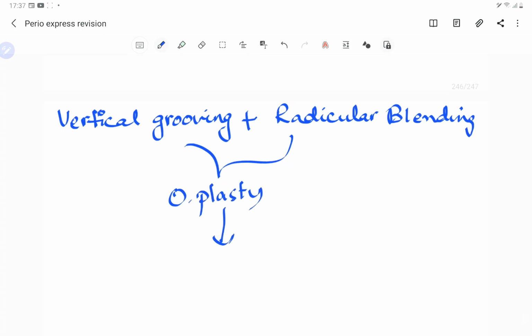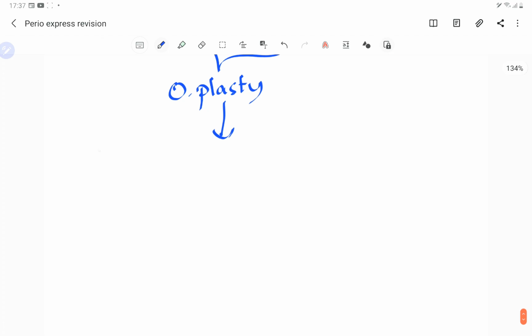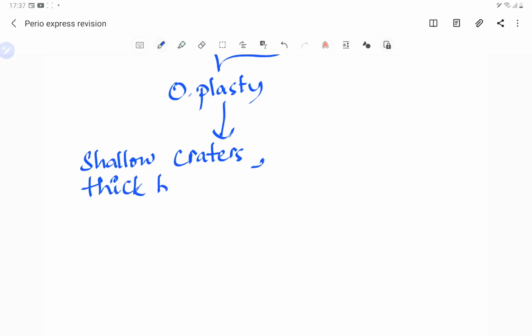And where do we do these procedures? Basically, say suppose if there are shallow craters present, or say suppose if bone is thick, because we are thinning the bone with the help of this, right? So thick bony margins if present, we use these procedures.